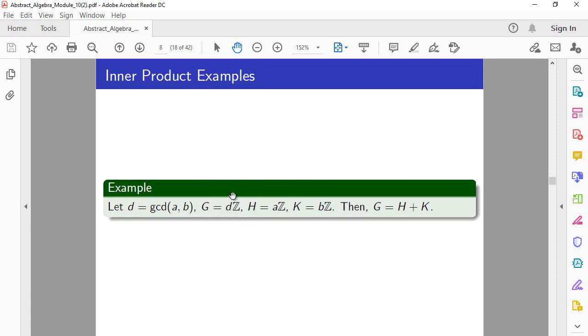Remember, this means the set of all multiples of D. H is the set of all multiples of A, and K is the set of all multiples of B, where D is the GCD of A and B. Then you can show easily that G is H plus K. So G is the inner product, or inner sum, of H and K. And we have done examples like this with specific numbers before.